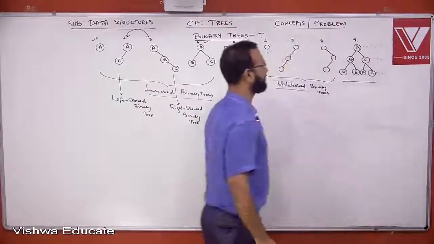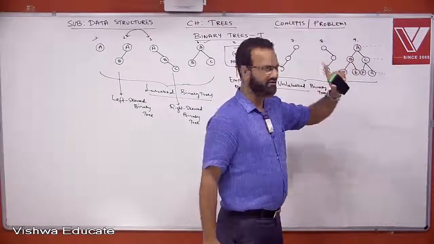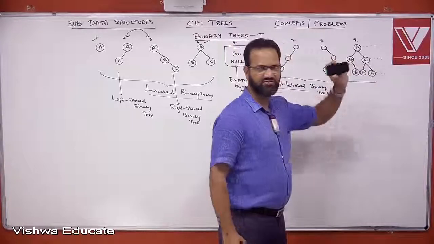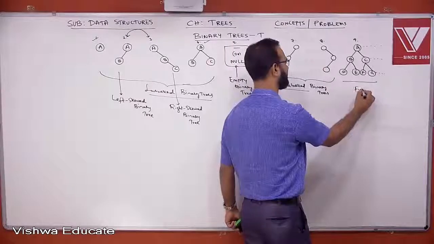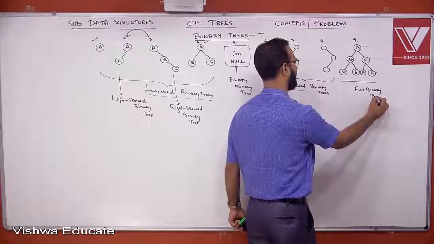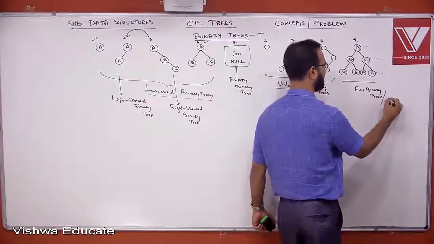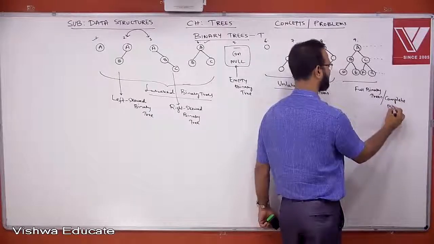The level structure of A has exactly one node, then exactly two nodes, then four nodes, which are full. That means this form of tree is referred to as a full binary tree, or in this particular scenario, also a complete binary tree.